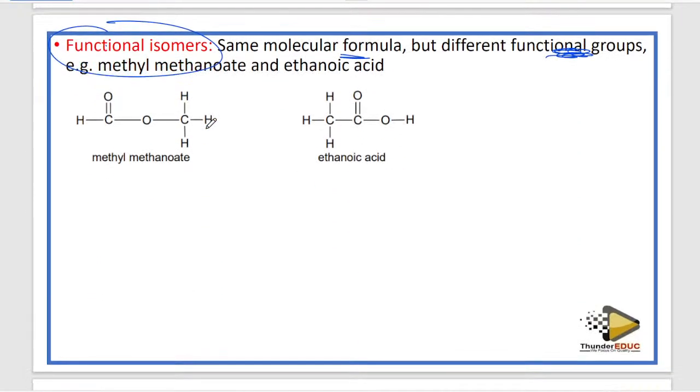Functional isomer. Now here you change the function. It is like a lady before marriage and the lady after marriage. You are the same person, but what changes is your surname, because now you take the surname of your husband.